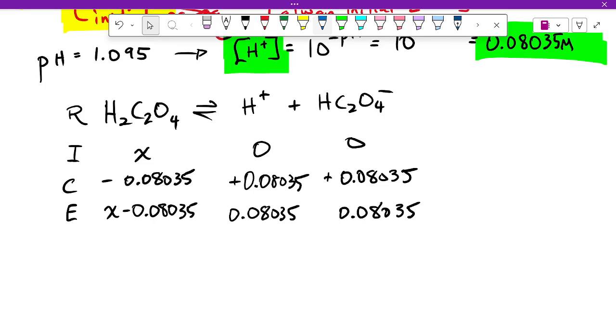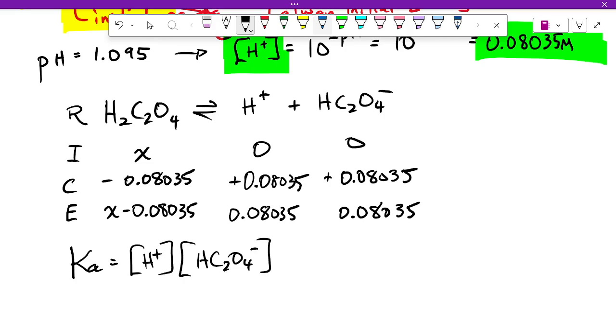What next? Ka expression. H plus, HC2O4 minus over H2C2O4.